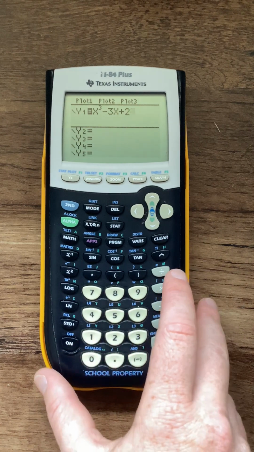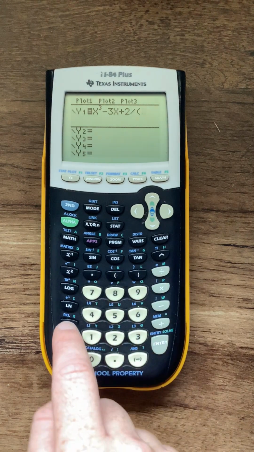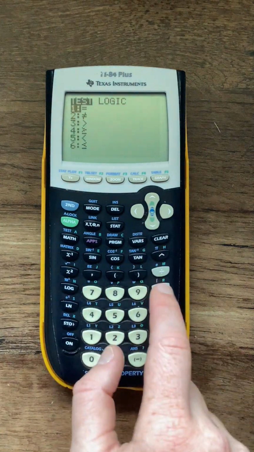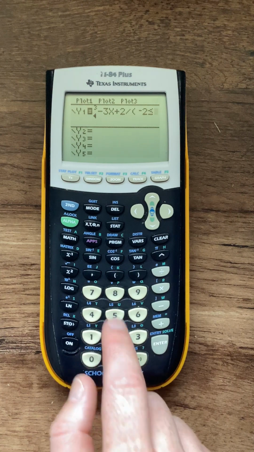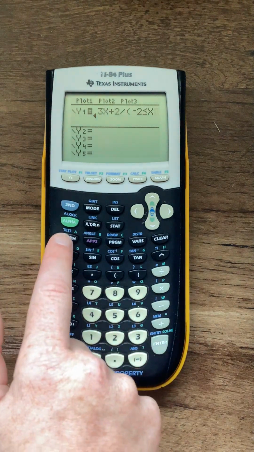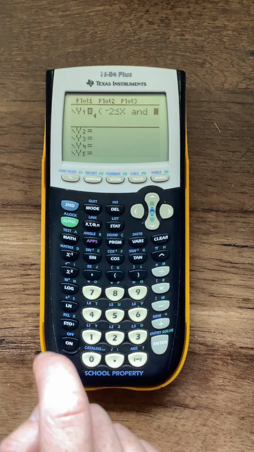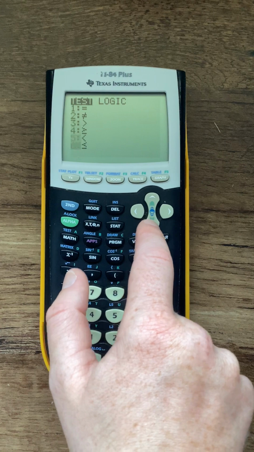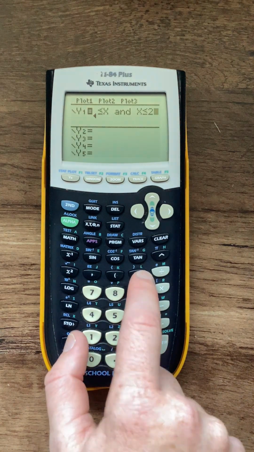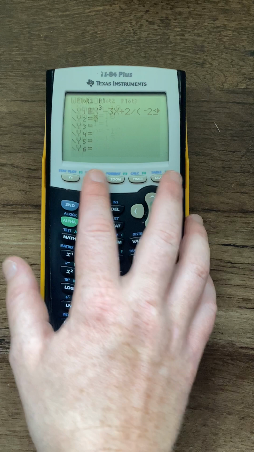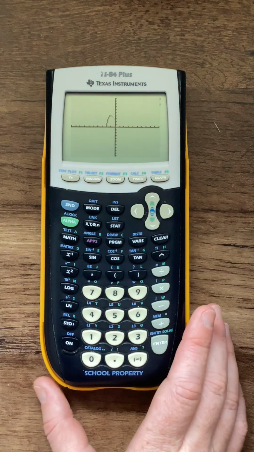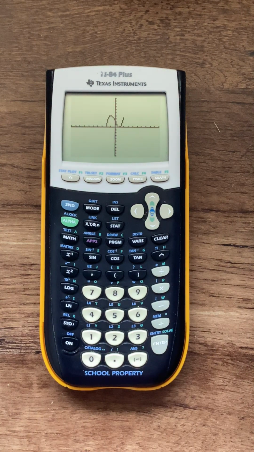And then we want to input, remember the bounds, so divide by parenthesis, -2, second math, less than or equal to x, and then we want to do the and symbol, and x second math is less than or equal to 2, and parentheses. Awesome. Remember, our function looked like this.